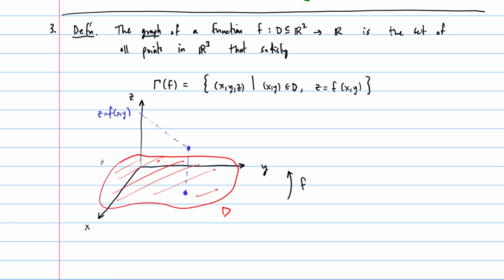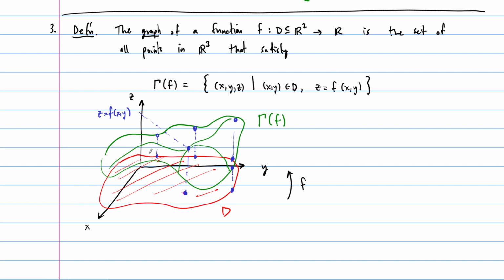And so I'm just going to try to sketch something that looks like this. The idea is that this surface, which is gamma of f, should be sitting with all the points on the surface directly above corresponding points in the domain.